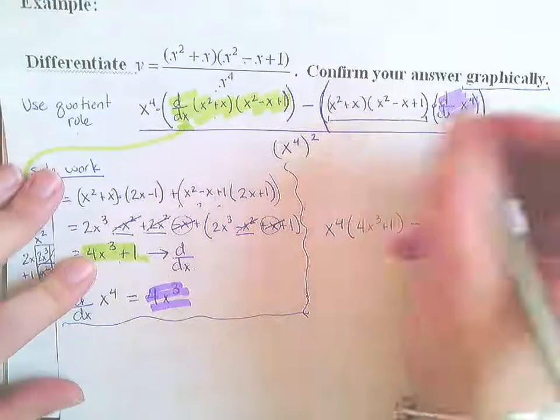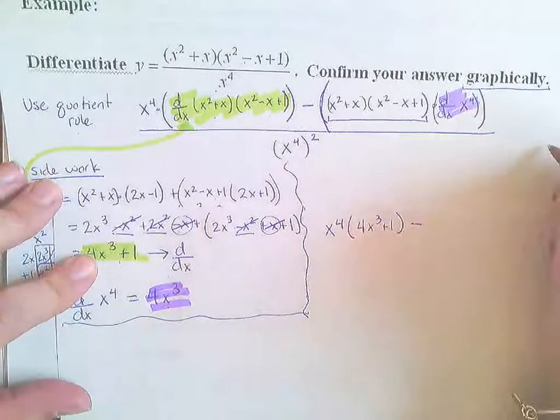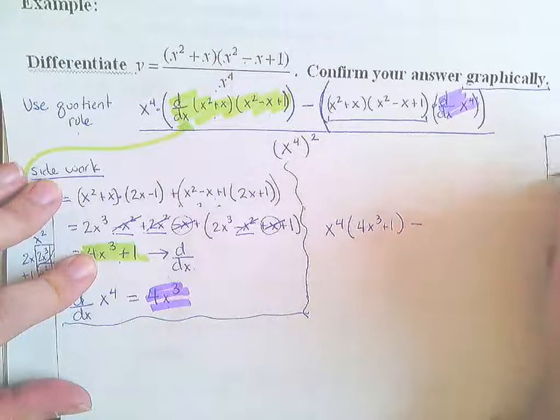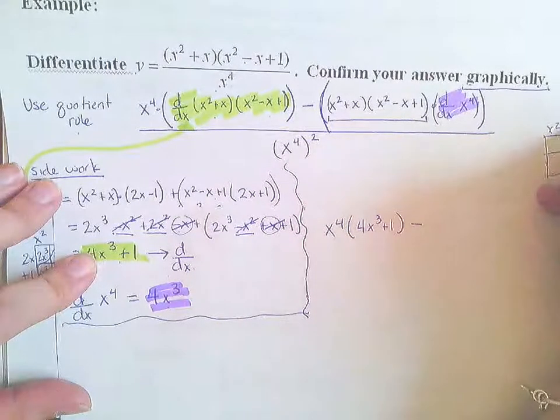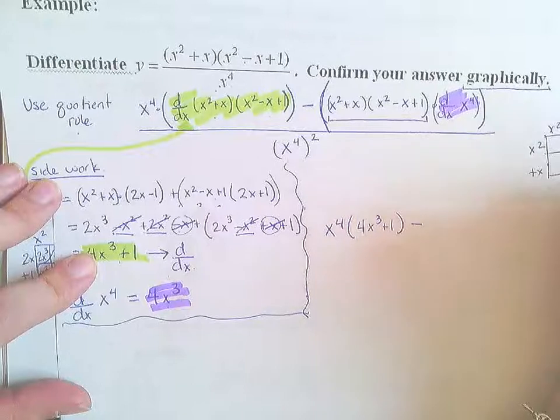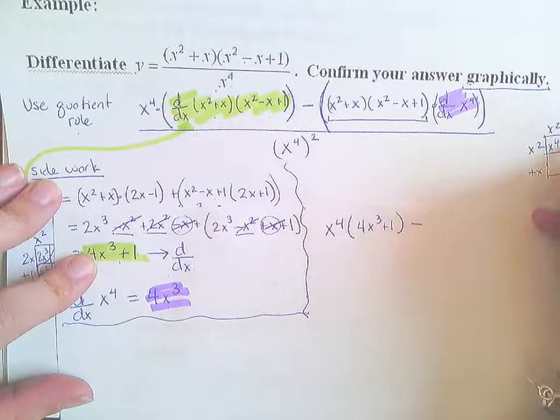I'm not going to show you guys how exactly I did that, but maybe I should. I made a box, and I put the trinomial up here, and the binomial down here. And then when I multiplied it out, I actually ended up with a lot of things canceling out. And I'll show you in a second.